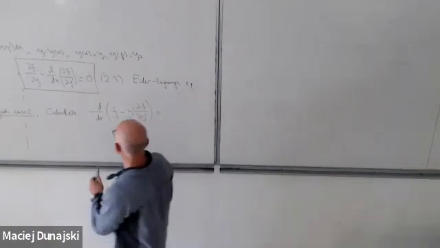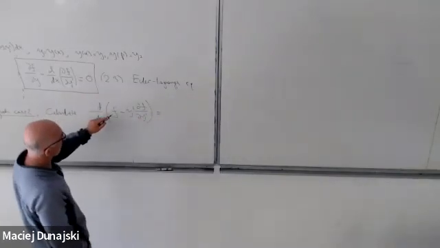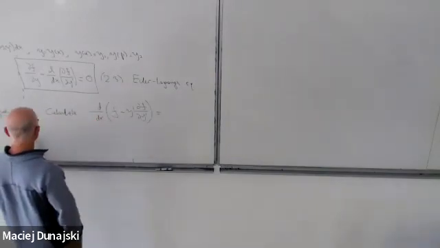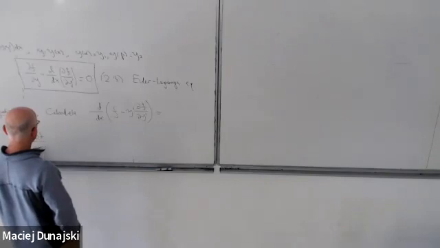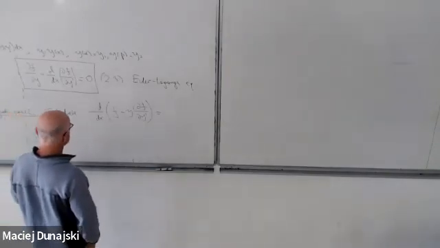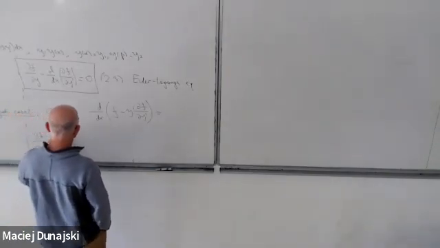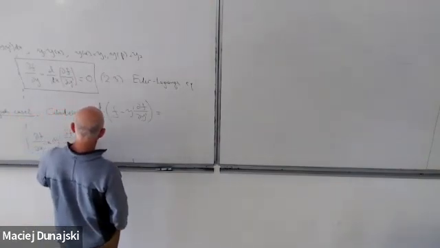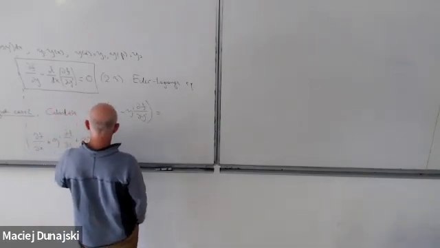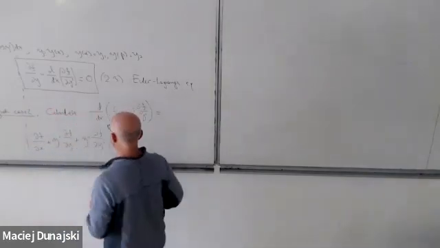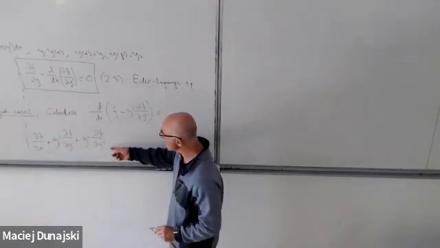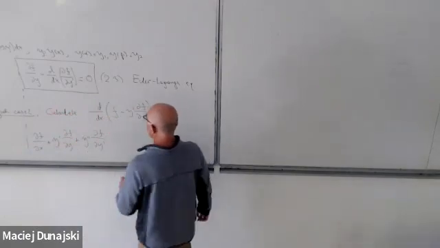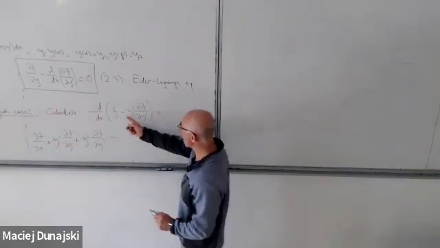Well, the first term is the total derivative of f with respect to x. Remember, we need to use the chain rule. So this is df by dx partial plus y prime df by dy plus y double prime df by dy prime. I explained yesterday how this comes about from applying the chain rule to d by dx. Then d by dx hits this term.